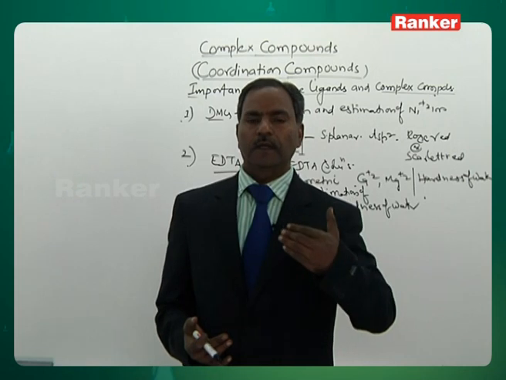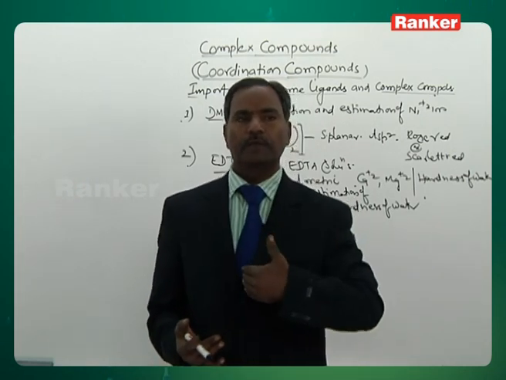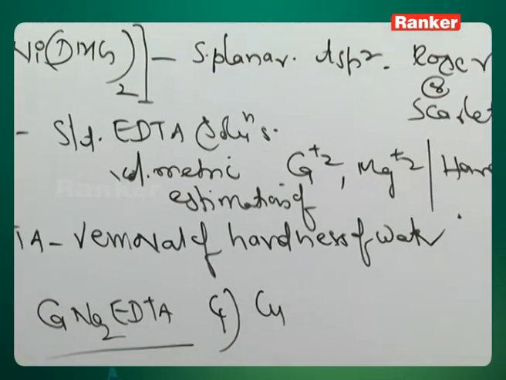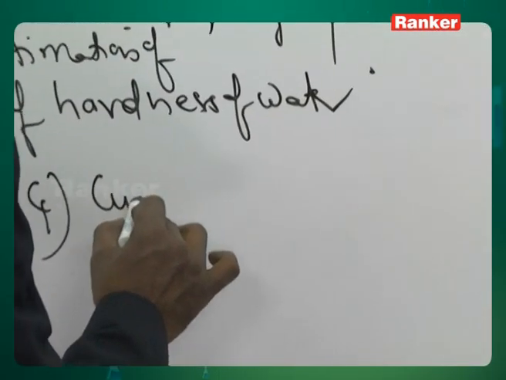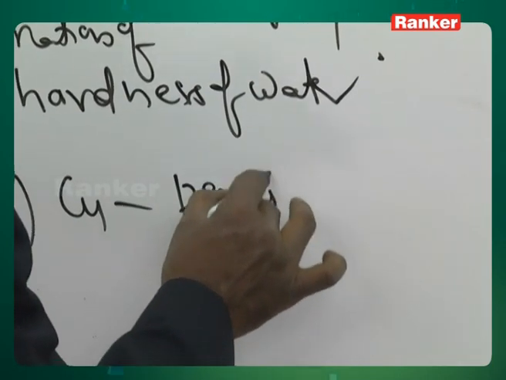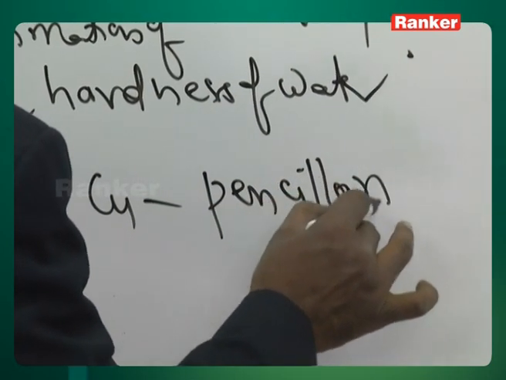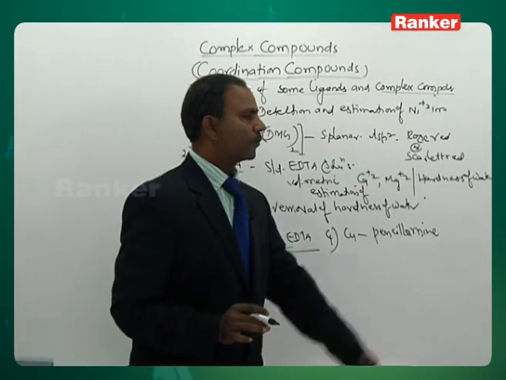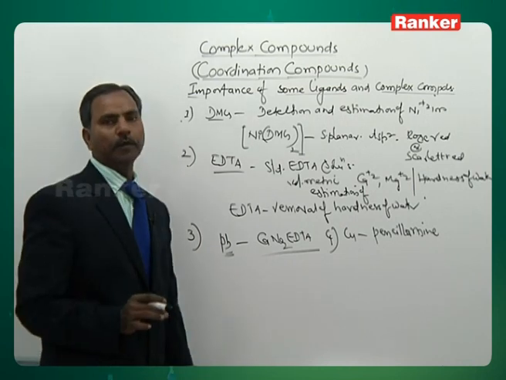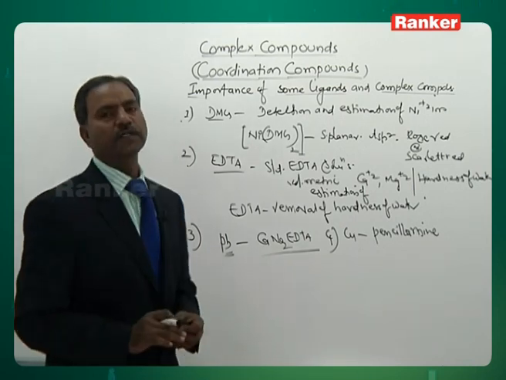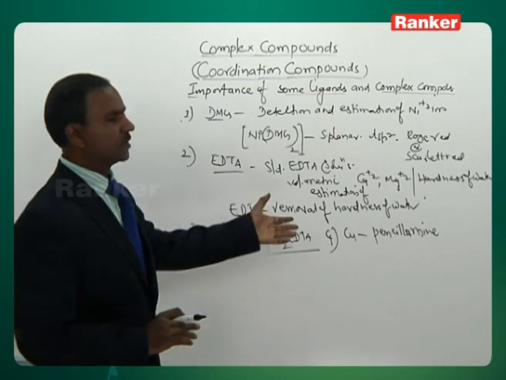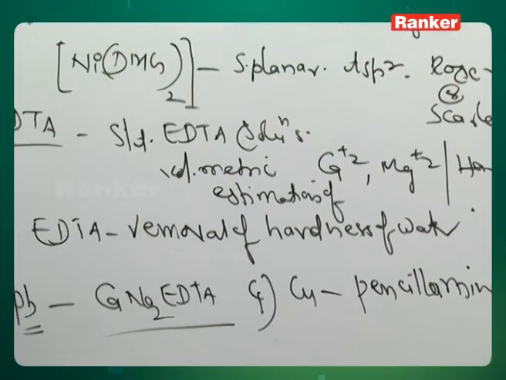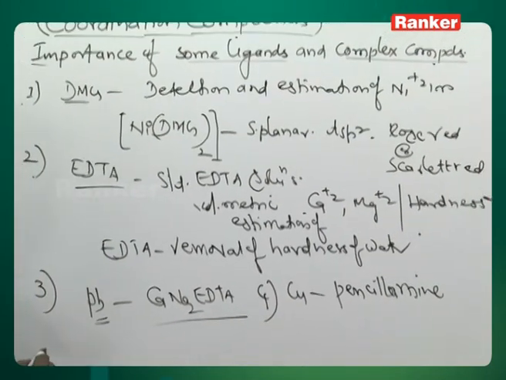Once we diagnose that copper is there in our body more than the required amount, for its removal we use the ligand penicillamine, because excess copper in the body causes a disease known as Wilson's disease.